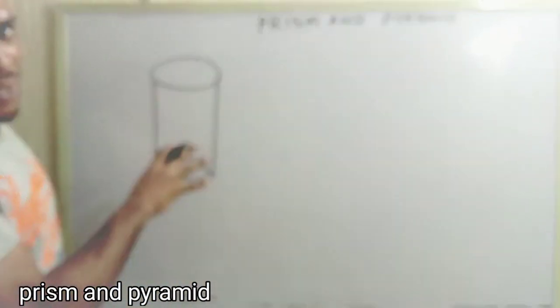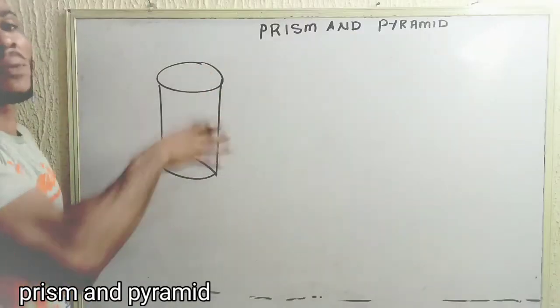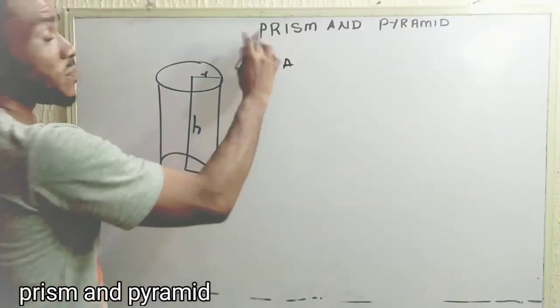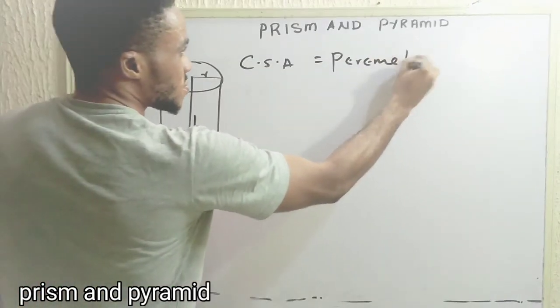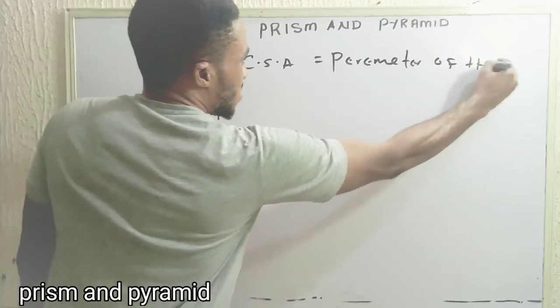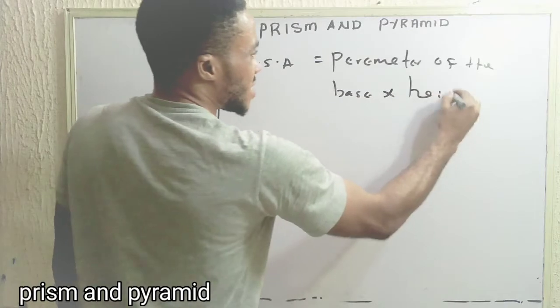If you are to get the formula for the curved surface area of this cylinder, that's a prism. Why am I calling it a prism? Because you have to understand how it works, so that no matter the shape given to you. So if you are to get the curved surface area, the total surface area, and volume of the cylinder, if here were to be the radius and here to be the height, the curved surface area of every prism is normally given as the perimeter of the base multiplied by the height.